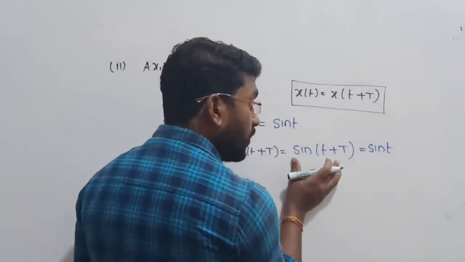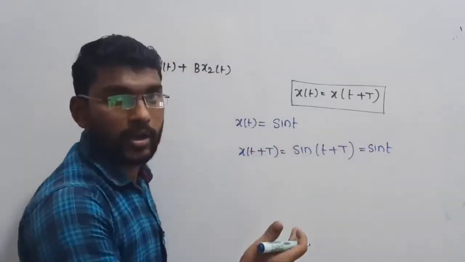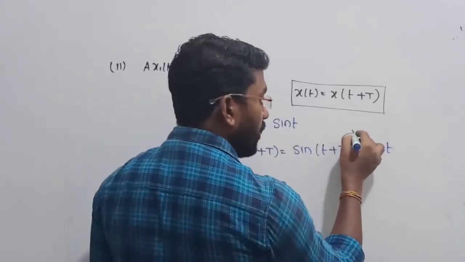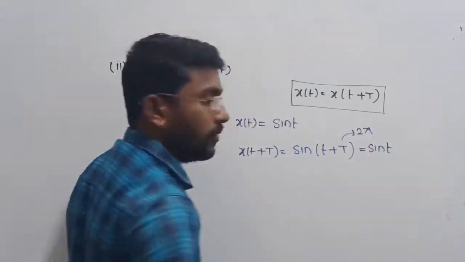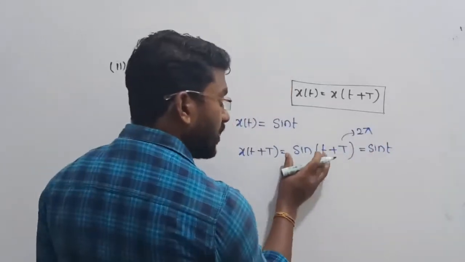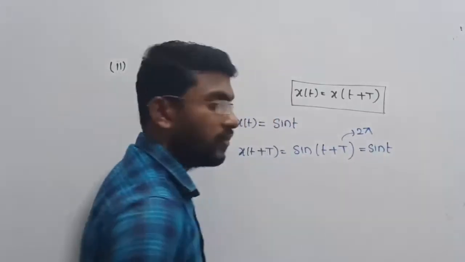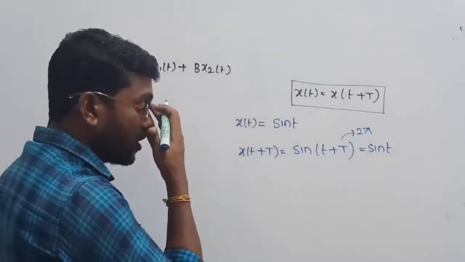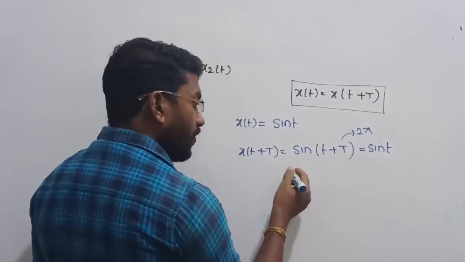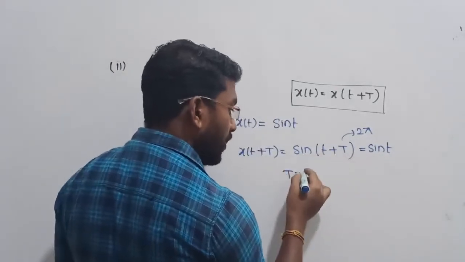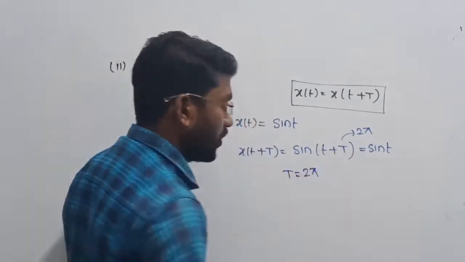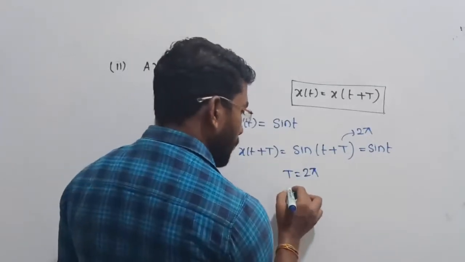When does the cycle of sin t repeat? If the value of T becomes equal to 2 pi, that is the point where the signal is going to repeat itself. Are you getting me? So the conclusion is here, if the value of T, the time period, is equal to 2 pi, then what will happen?